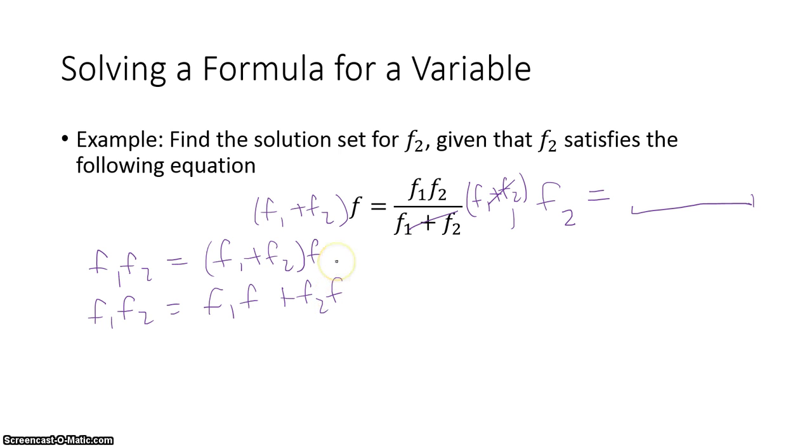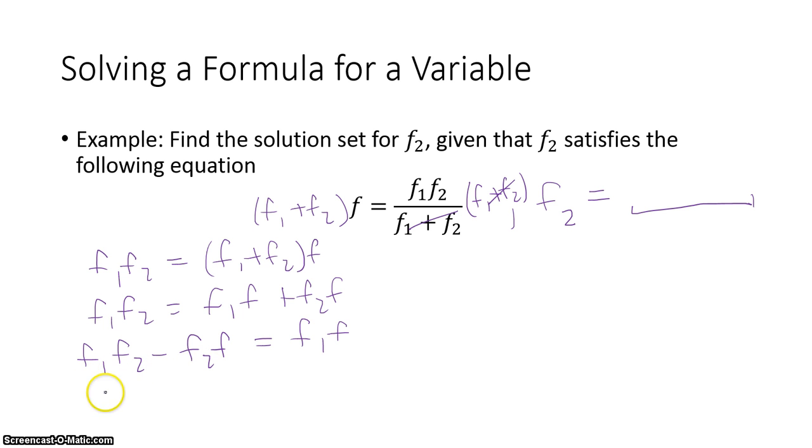Now I'm trying to gather all my f2s together, so I'm going to want to subtract f2 f from both sides. This isn't the only way to solve this problem, but when I do that, I get f1 f2 minus f2 f equals f1 f.